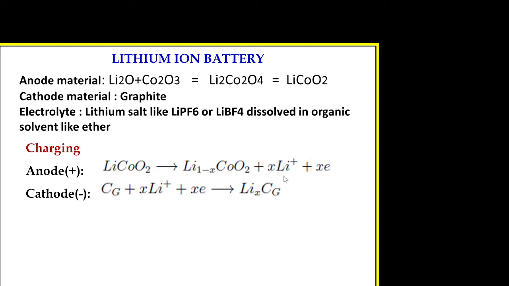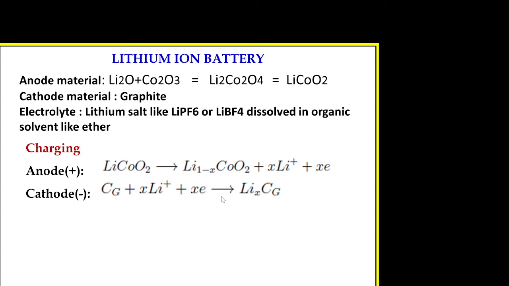This xLi+ produced from the crystal lattice gets transported through the electrolyte and comes to the graphite electrode. When it reaches the graphite electrode, a reduction happens. Since the graphite electrode is given a negative sign, electrons are added and lithium atoms are generated.